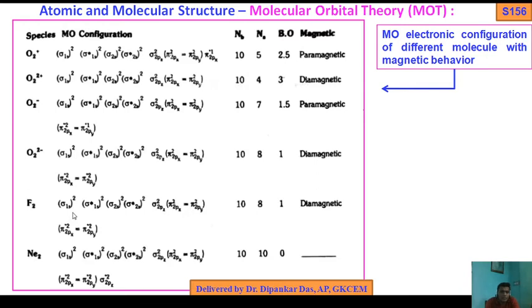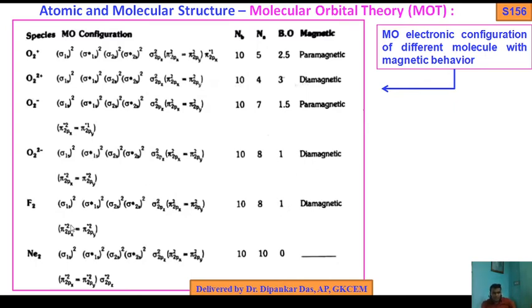So same MO electronic configuration: sigma 1s2, sigma star 1s2, sigma 2s2, sigma star 2s2, sigma 2pz2, pi 2px2 equivalent to pi 2py2, pi star 2px2 equivalent to pi star 2py2. Again 10 bonding electrons, 8 antibonding electrons, 10 minus 8 by 2 equals 2 by 2, that is 1. It is diamagnetic.